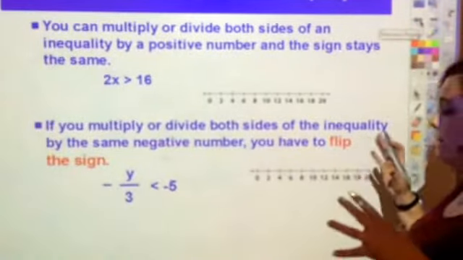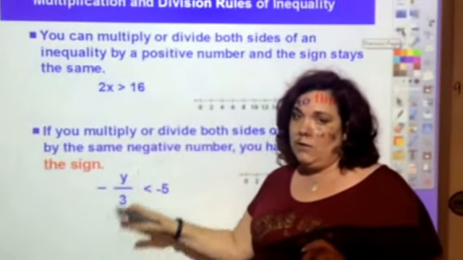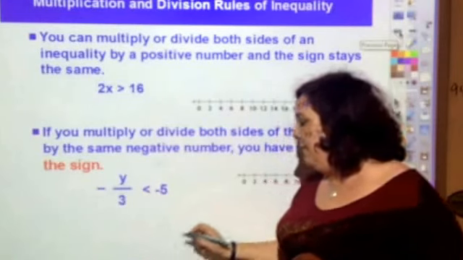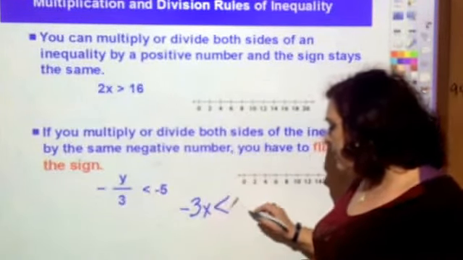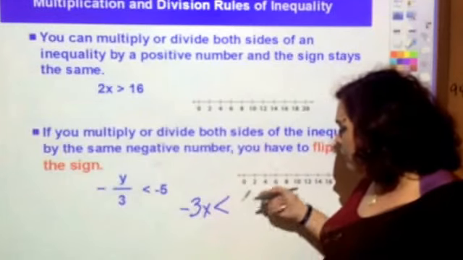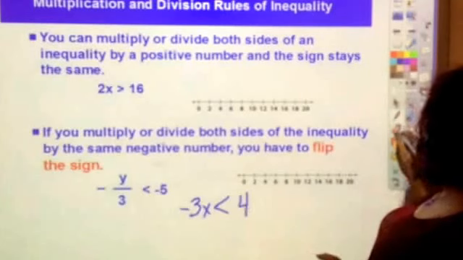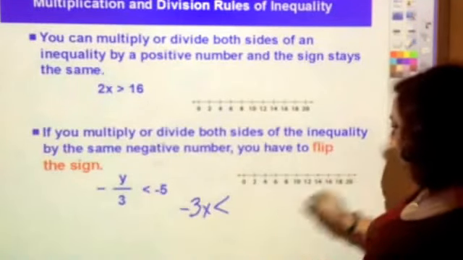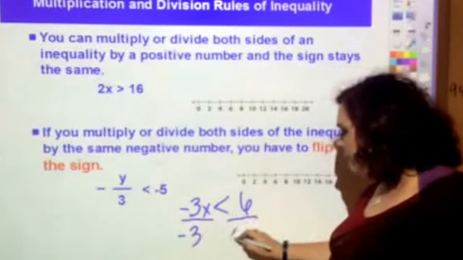So if you're multiplying or dividing by a negative, to clear out negatives, say you have -3x is less than, let's make it even, 6. Divide by -3, divide by -3.